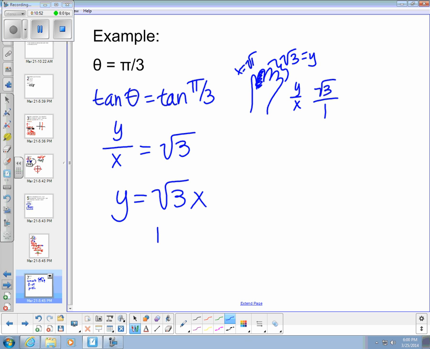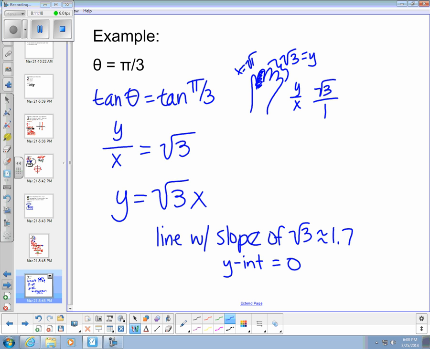So this is just a line with the slope of square root of 3, or approximately 1.7, and it goes through the origin. The y-intercept is 0. If I were going to graph this real quickly, I'm going through the origin, and then I'm going up 1.7 over 1. So here's a rough sketch of what this line would look like.